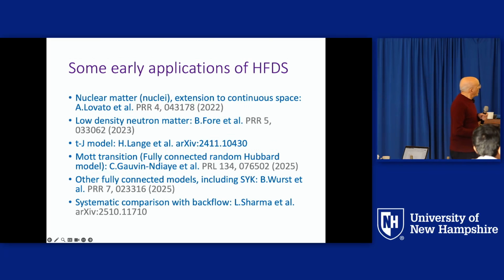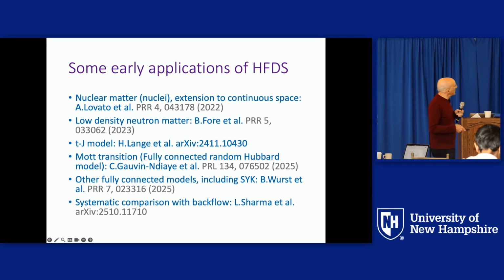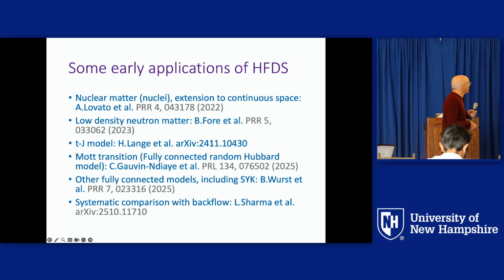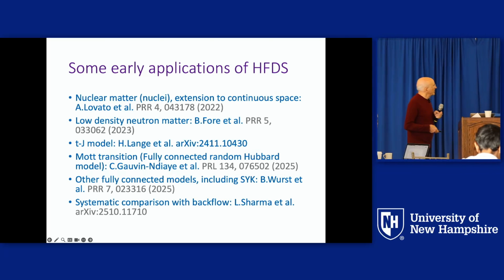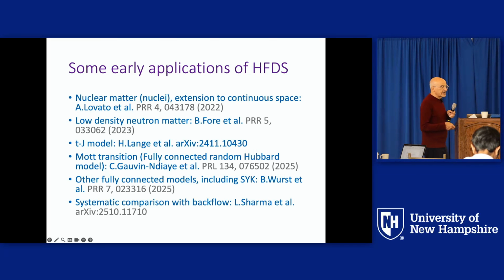Okay, so following this paper we wrote a few years ago, there's been a number of applications of these hidden fermion determinantal states. There were some very nice papers by Alessandro Lovato and co-workers on nuclear matter, extending the formalism to continuous space, low-density neutron matter, t-J models. We have a fun paper on the Mott transition between a metallic state and a non-magnetic Mott insulator.